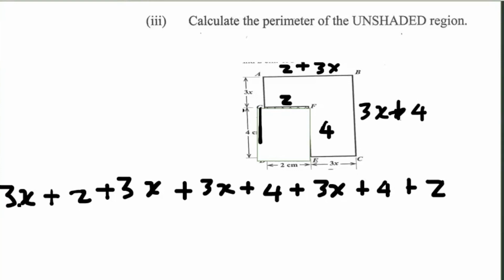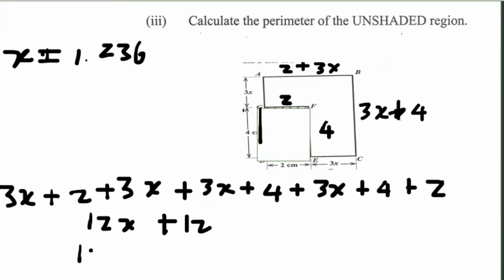Now we have some variables. 3x plus 3x, that's 6x, plus 3x, that's 9x, plus 3x, that's 12x. So I have a 12x here. 2 plus 4, that's 6, plus 4, that's 10, plus 2, that's 12. Now, from the previous activity, x is equal to 1.236.